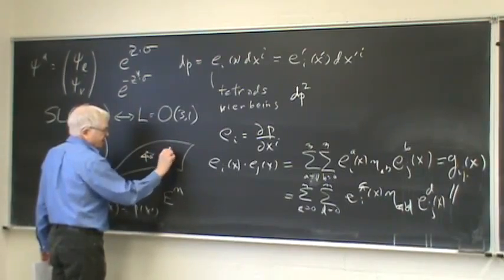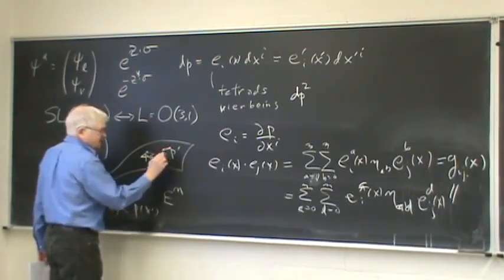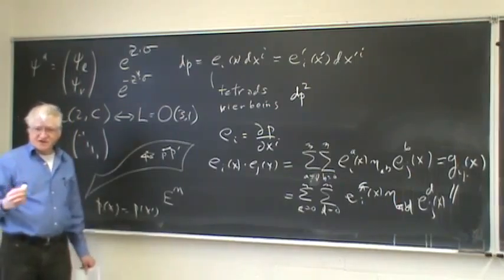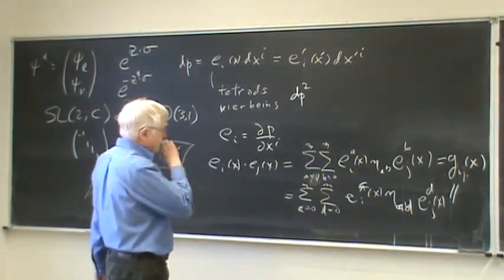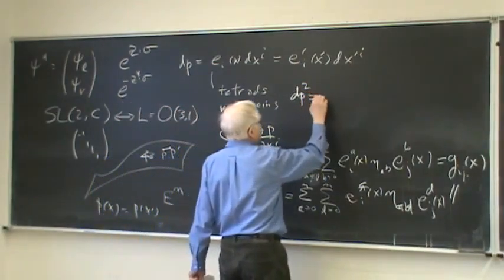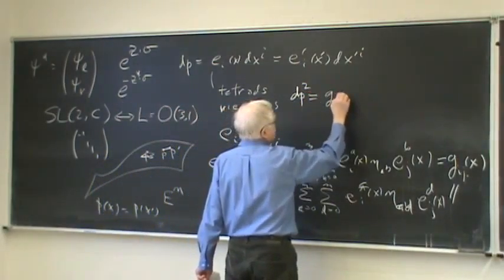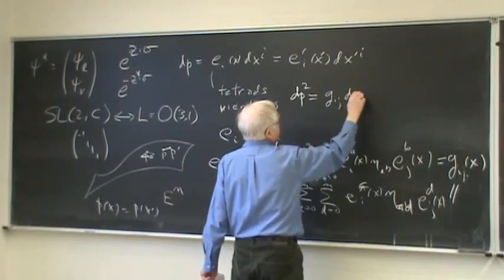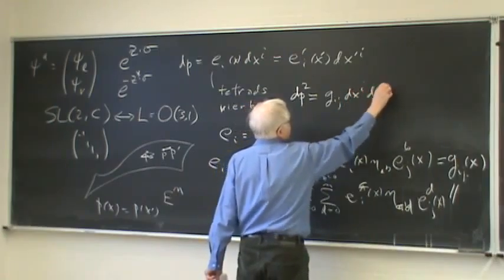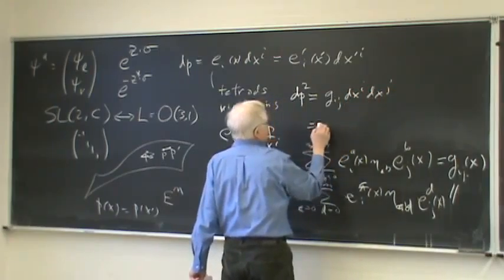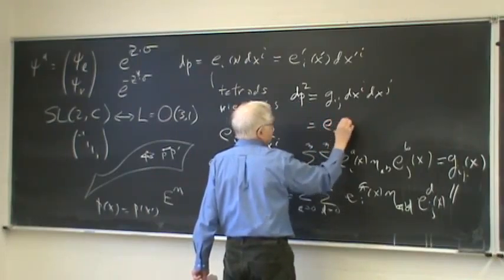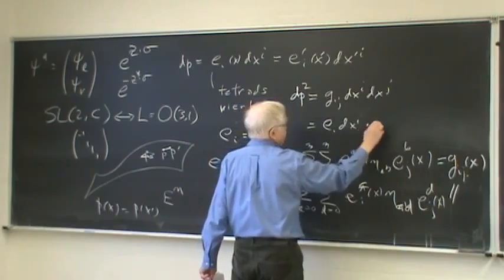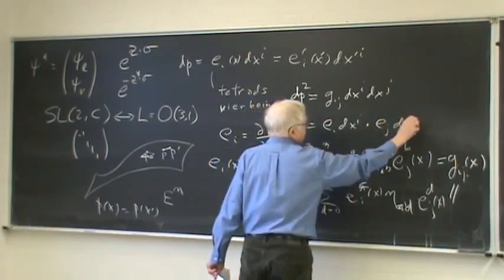We want the separation, which is physical, to be invariant. And dp squared then is g_ij dx^i dx^j, which is to say dp is e_i dx^i dotted into e_j dx^j.